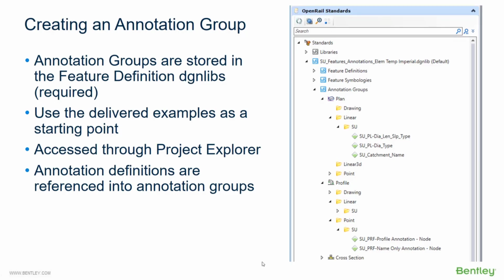Now that we understand how to create our text favorites, the next step in the process is to generate our annotation groups. Annotation groups are stored in the feature definitions DGN library that's required. We use the delivered examples as a starting point. You can access that through Explorer, and the annotation definitions are referenced into annotation groups.